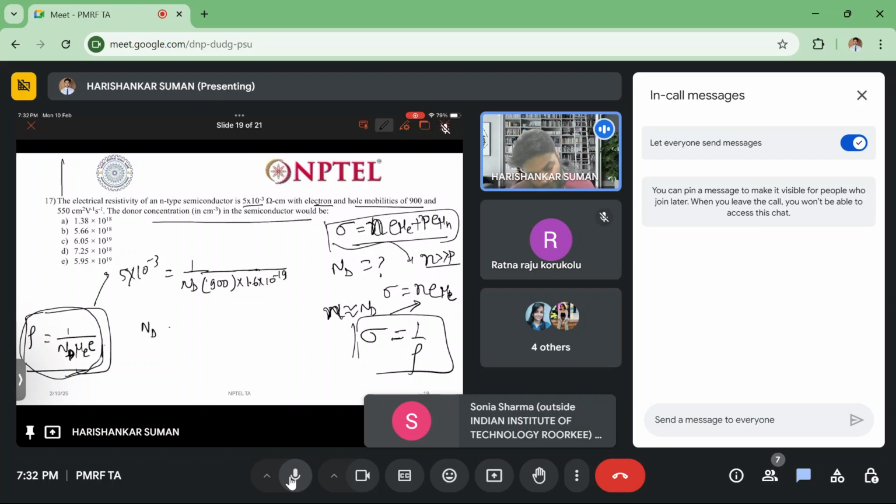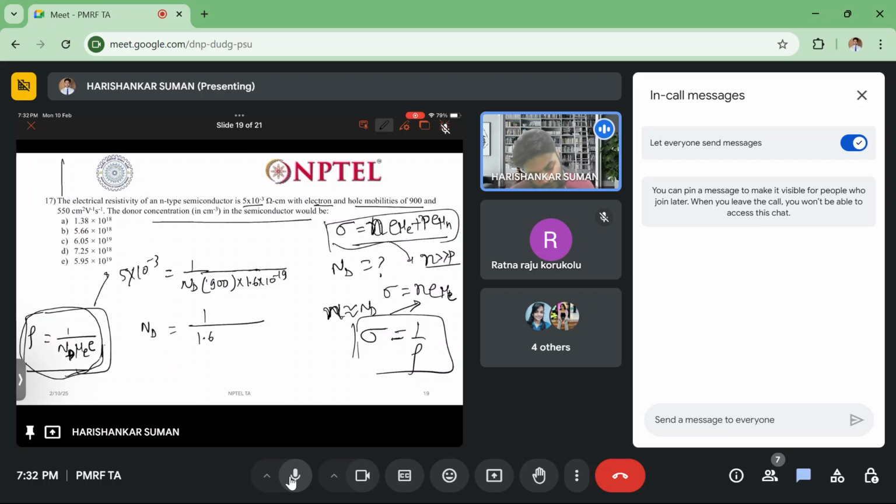So ND will be 1.6 into 5 into 900 into 10 to the power minus 19.